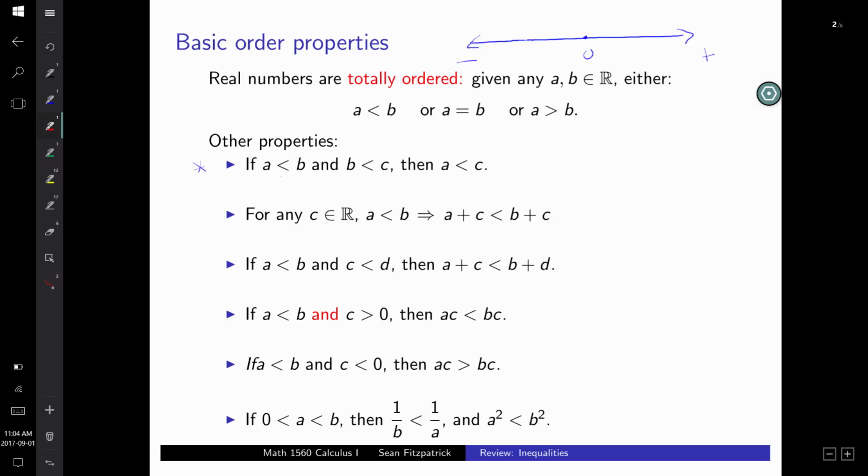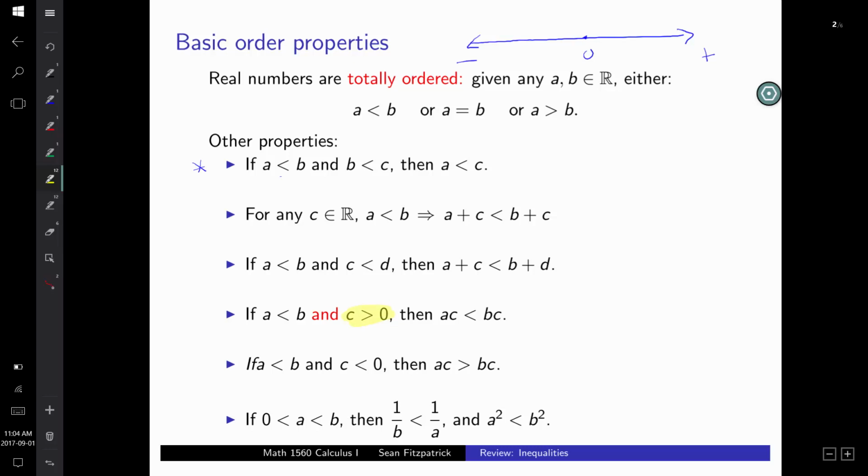One that you probably want to be careful of, and this is again a source of mistakes, is this guy here, right? You can multiply inequalities by a constant, but not all constants are created the same. And the big part here is this bit, right?